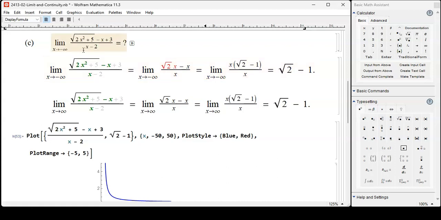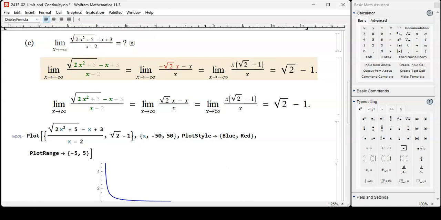And the original problem is positive. I got something negative. How do I make it right? By putting an extra negative sign, I can make it right. Now this entire thing is positive. So instead of square root of 2, I get negative square root of 2. The answer includes negative square root of 2.